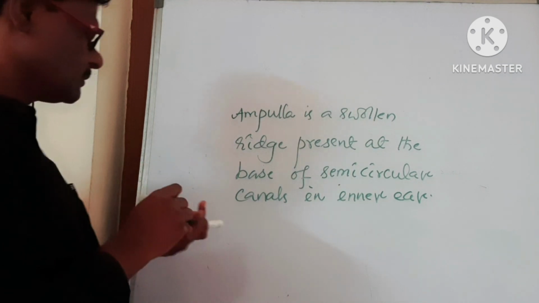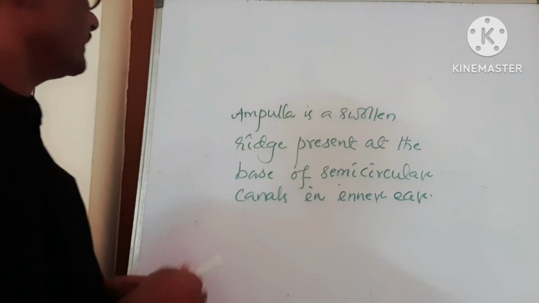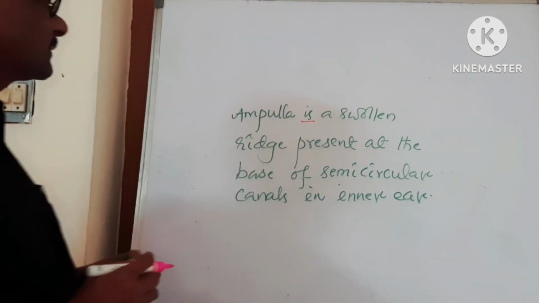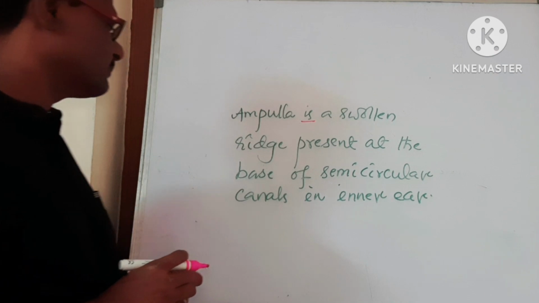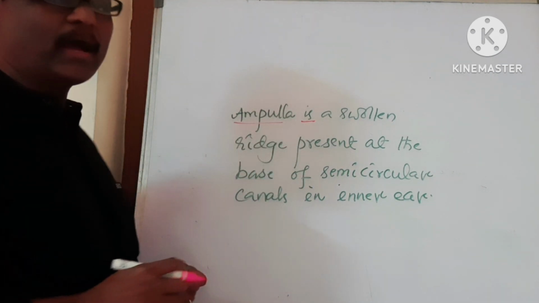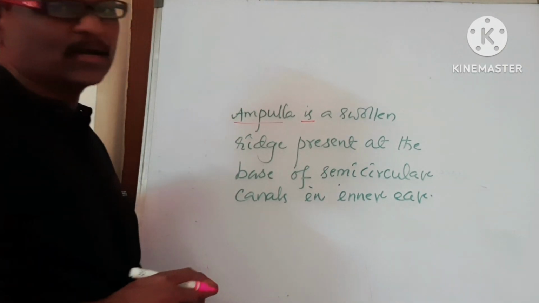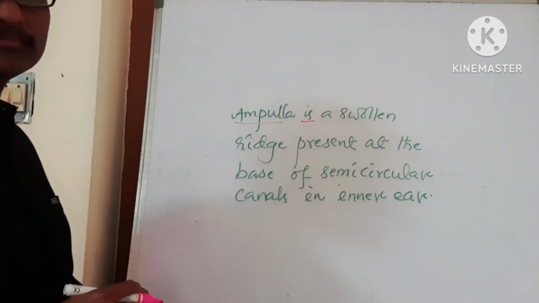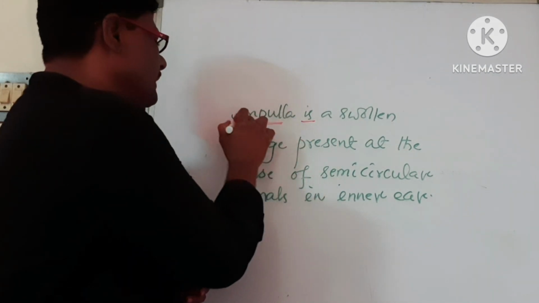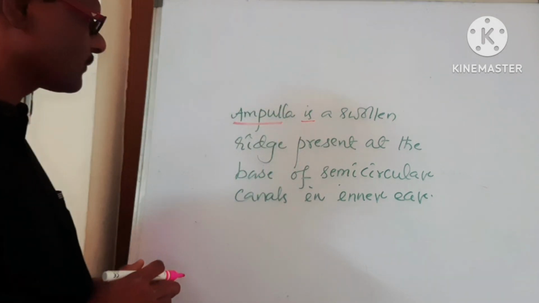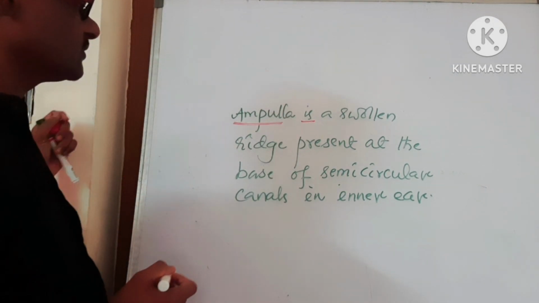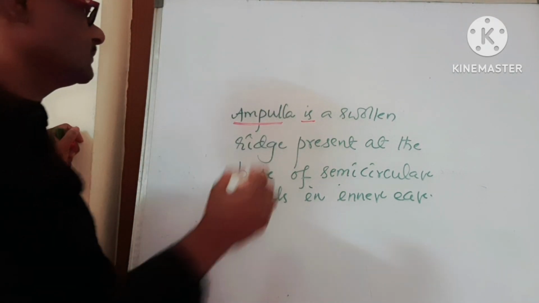Okay, so here what is the type of helping verb? Singular only. So a singular helping verb or auxiliary verb is used. Ampulla is a swollen ridge present at the base of a semicircular canal in the ear. And ampulla is also an electroreceptor present in sharks. According to context, the meaning of the same word ampulla is changed. Let me say ampullae, or swollen ridges present at the base of semicircular canals in the inner ear.